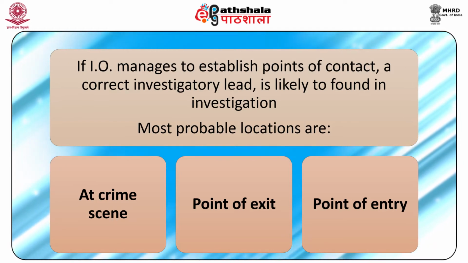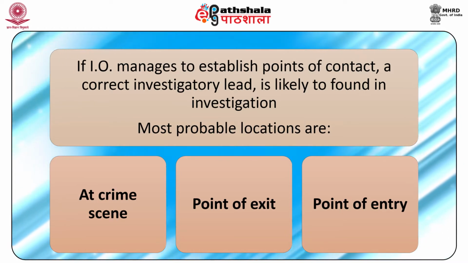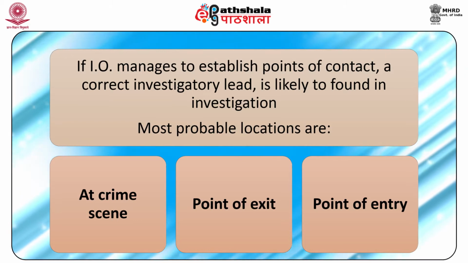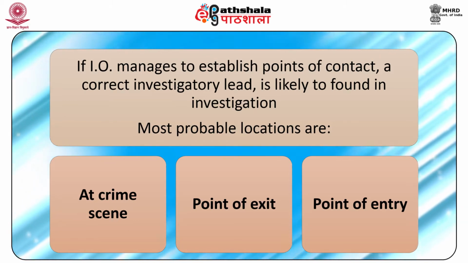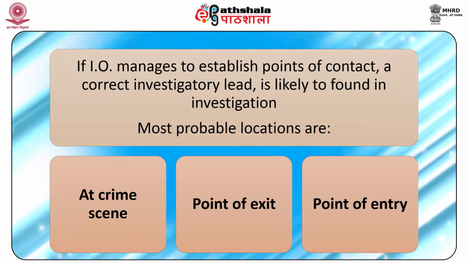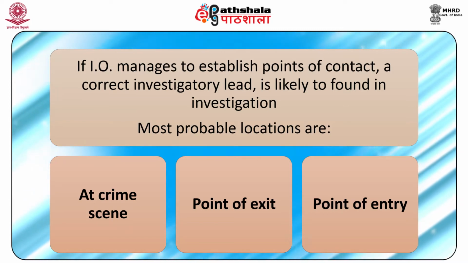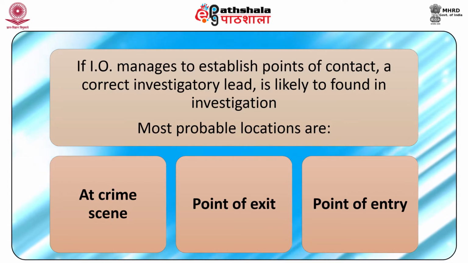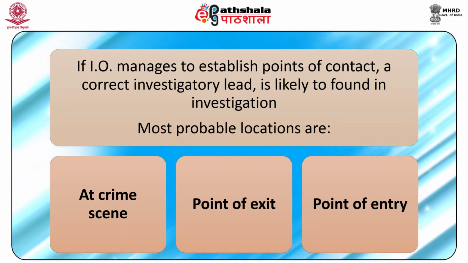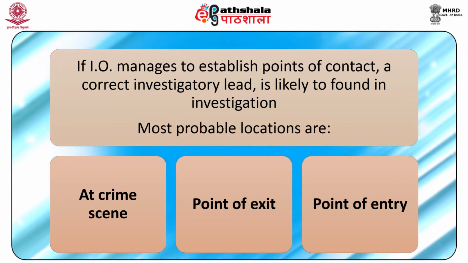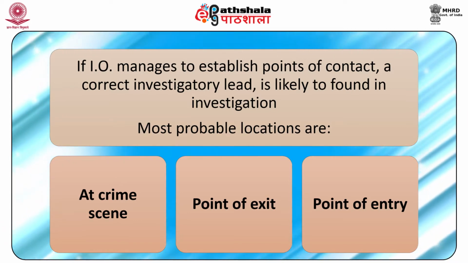Point of exit: after committing the crime, when the criminal tends to leave the crime scene, he is most likely to leave and carry some minute traces, for example, his footprints at the point of exit. It is very rare, although, that he dares to or neglects to leave or carry gross objects or traces.